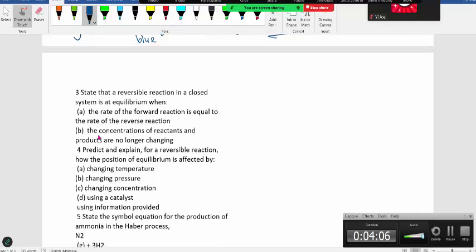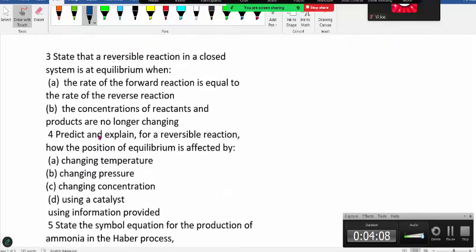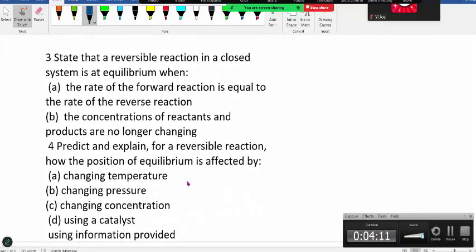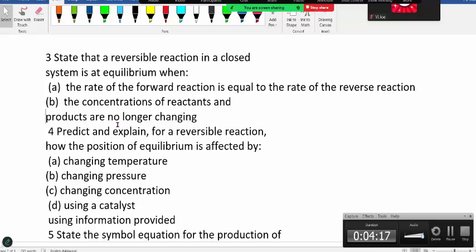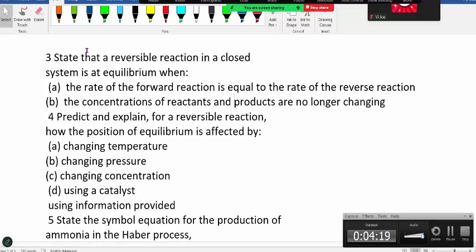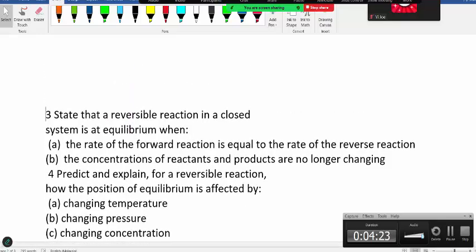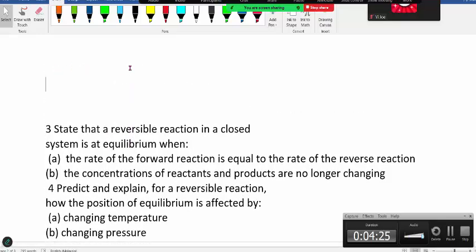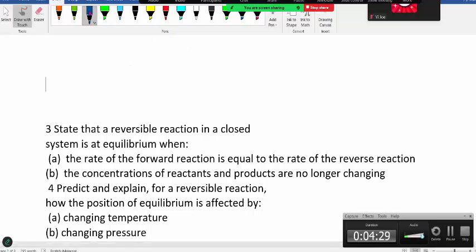So now, what does it mean to have a reversible reaction? First of all, let's say we are all working in making sandwiches.